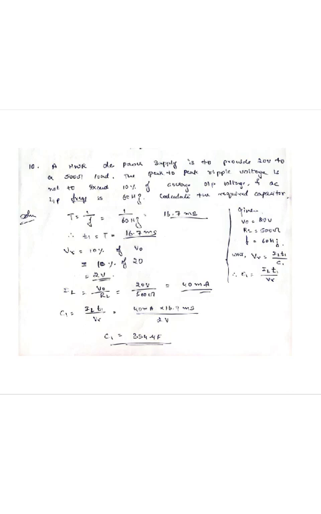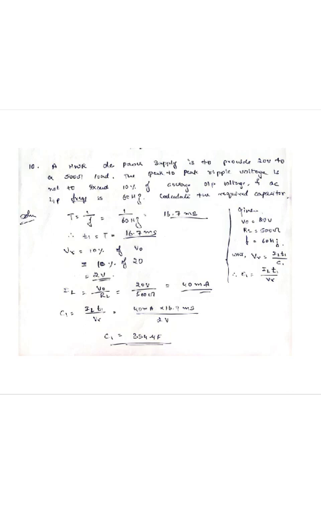The last problem from this module: a half wave rectifier DC power supply is to provide 20 volts to a 500 ohm load. The peak to peak ripple voltage is not to exceed 10% of the average output voltage. AC input frequency is 60 Hz. Calculate the required capacitor.